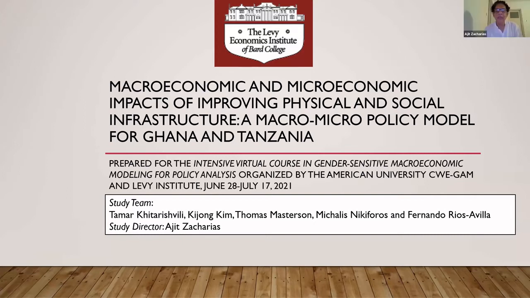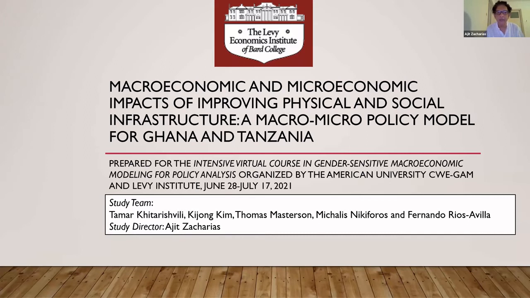Okay, so what we're going to look at are the impacts of improving physical and social infrastructure. We're going to do it in the context of 2 countries from sub-Saharan Africa, Ghana and Tanzania.